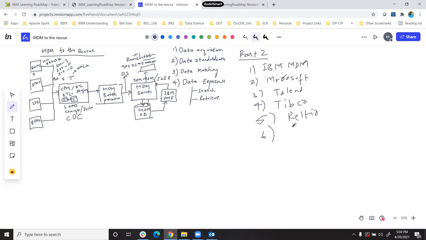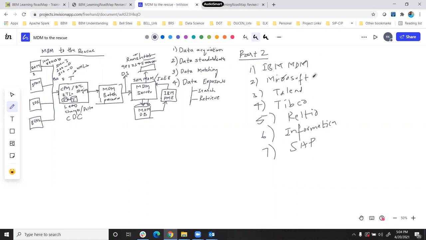There is Informatica. There is SAP MDM, and many more. These are the famous ones that have a good market share, doing it for many different enterprises.